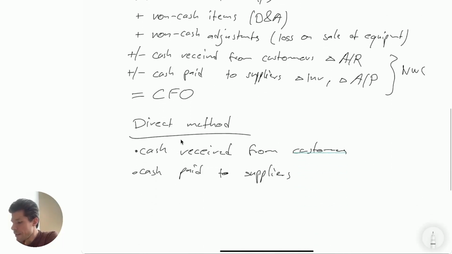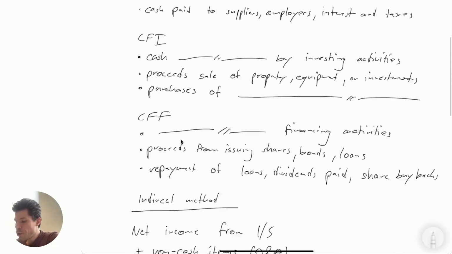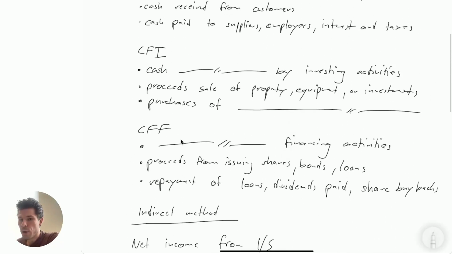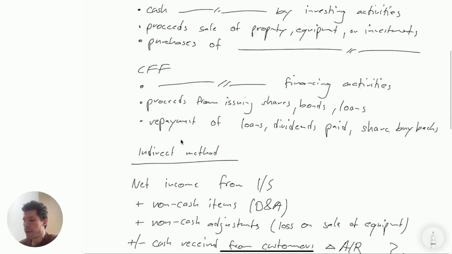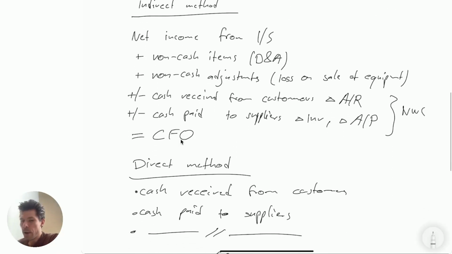So every single cash outflow from an operating perspective you would add here as well, and so on. For CFI and CFF, we don't have an indirect method. Here we only look at cash inflows and cash outflows line item by line item. Only for cash flow from operating activities we have different methods.